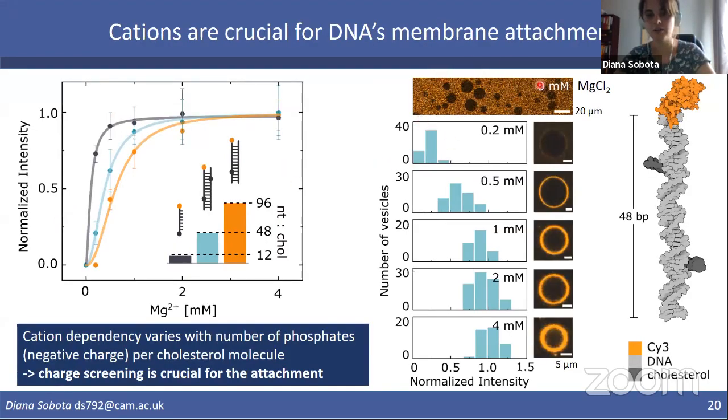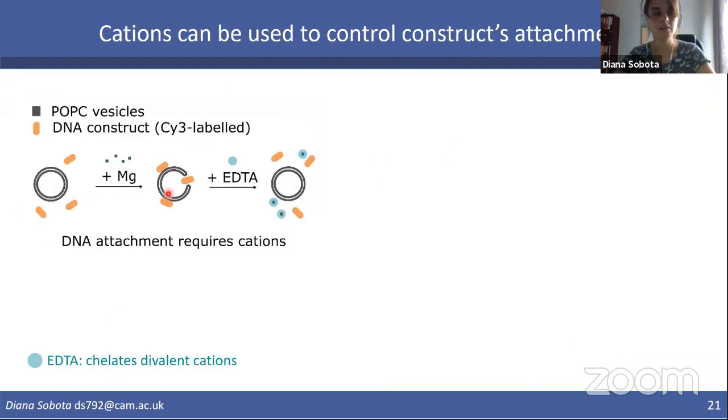Like you remember here, nothing attaches. If we add magnesium, we see the attachment. Then if we add EDTA, we hypothesize that EDTA will capture the divalent cations and take them away. So we perhaps see loss of the attachment, and this indeed was the case.